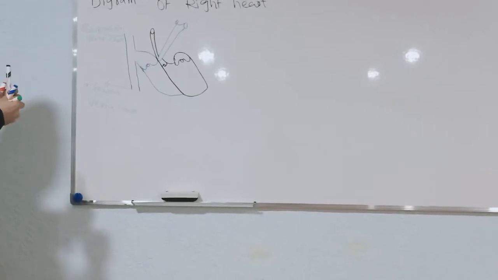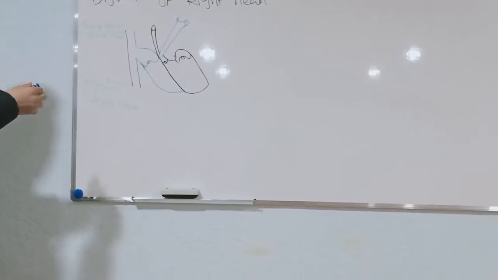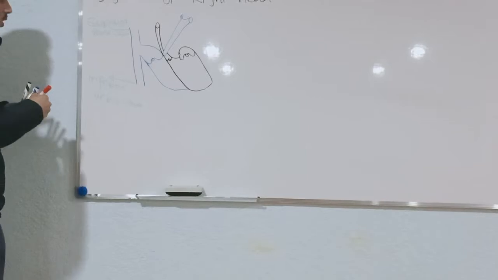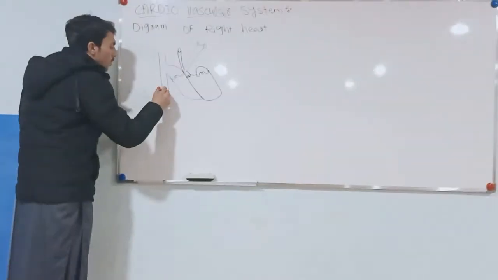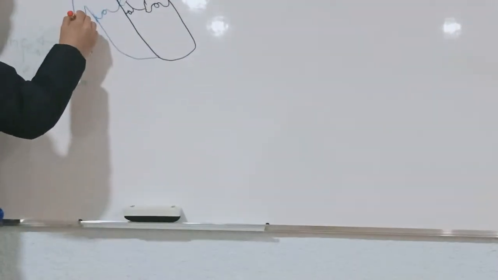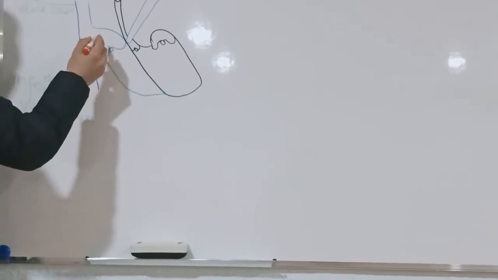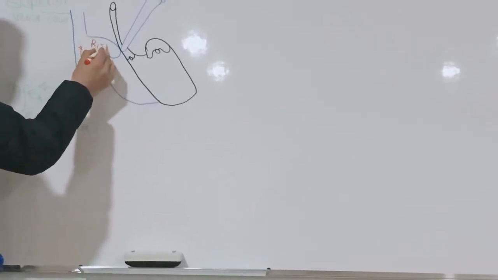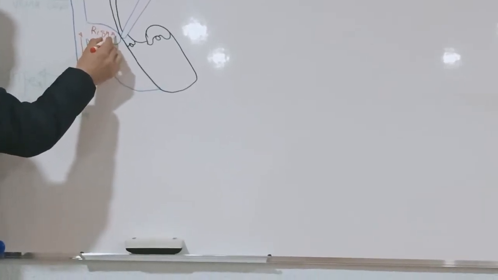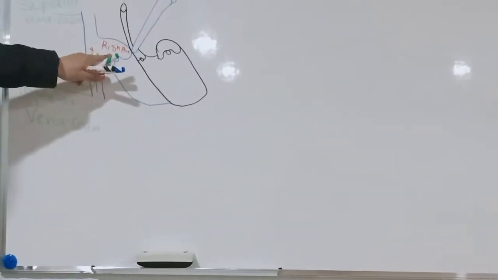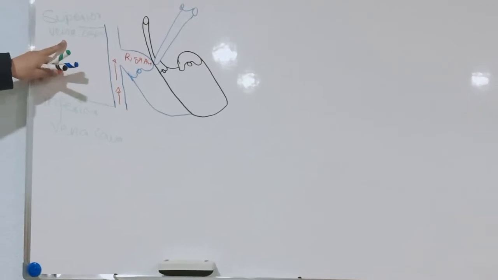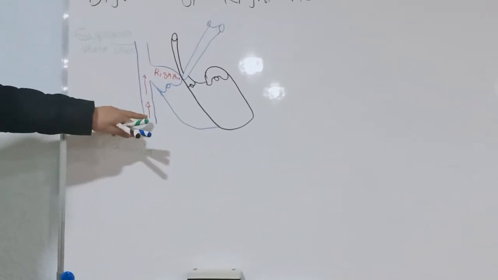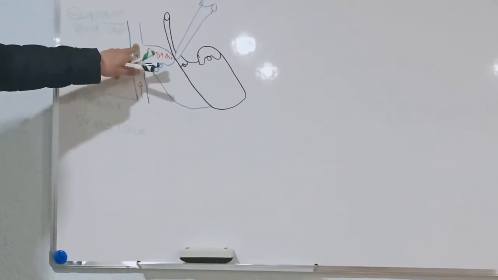From the superior and inferior vena cava, the blood moves through which part? Through the right atrium. This is the right atrium.